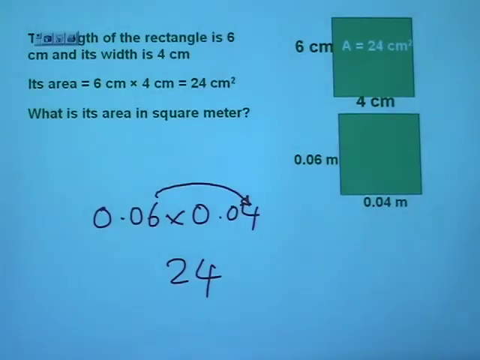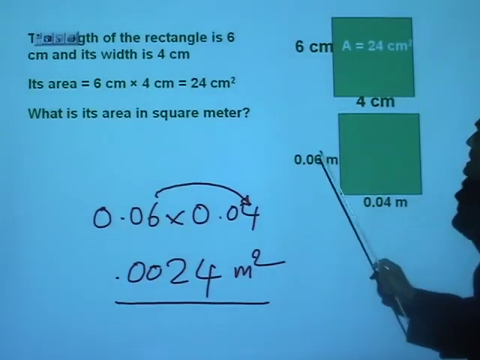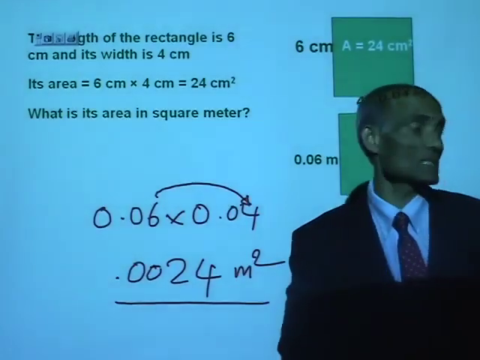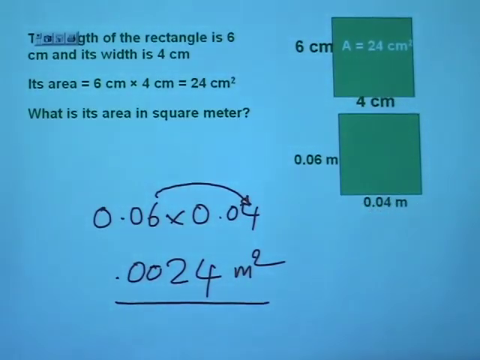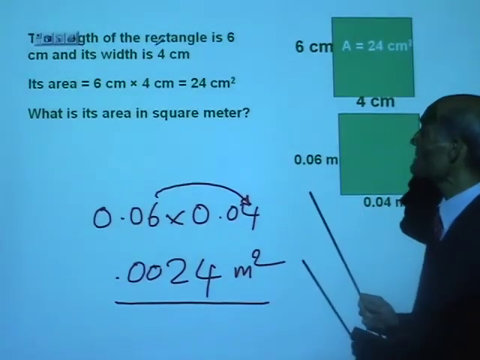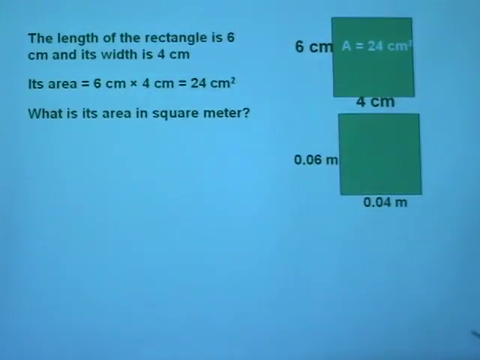So the answer is 0.0024 meters squared. So 0.04 meter multiplied by 0.06 meter is 0.0024 meters squared. You must know how to do that on your own.